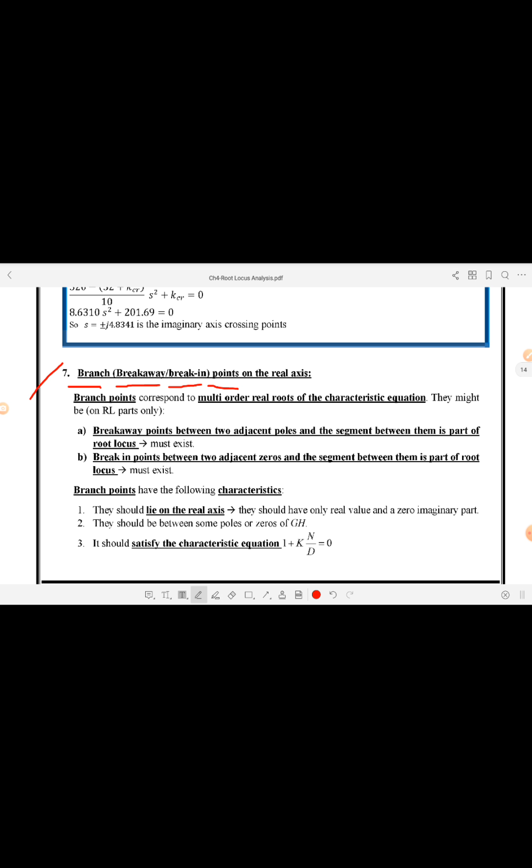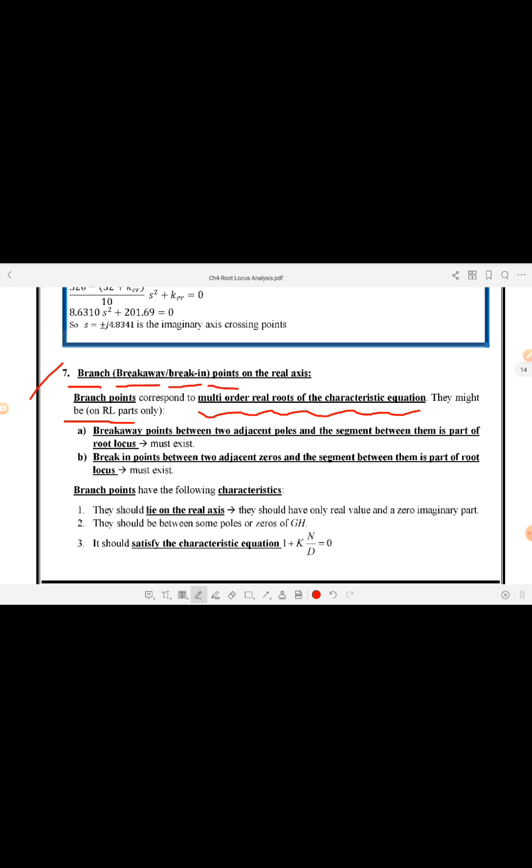And whether breakaway or break-in, the existence of the branch points gives us a physical meaning that at this point there are multiple order roots of the characteristic equation.